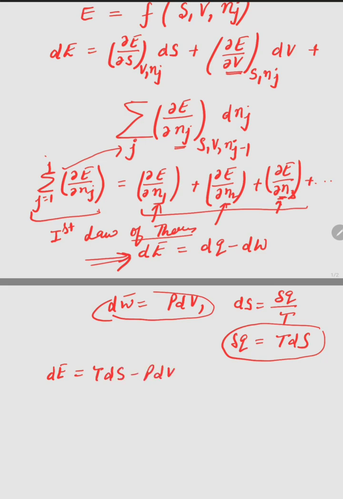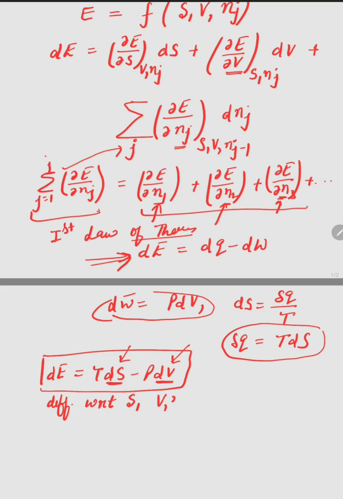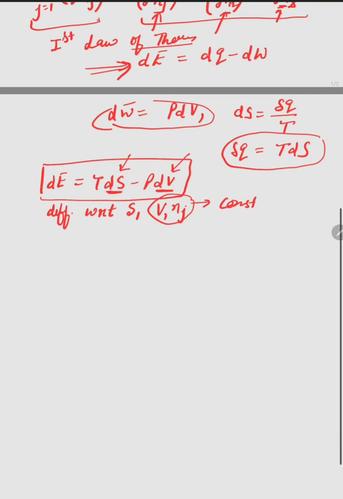Okay, now in this expression there are two variables, that is dS, change in entropy of the system, and dV, change in the volume of the system. So first we differentiate this equation with respect to entropy, keeping volume and number of moles constant. The other two parameters are kept constant.